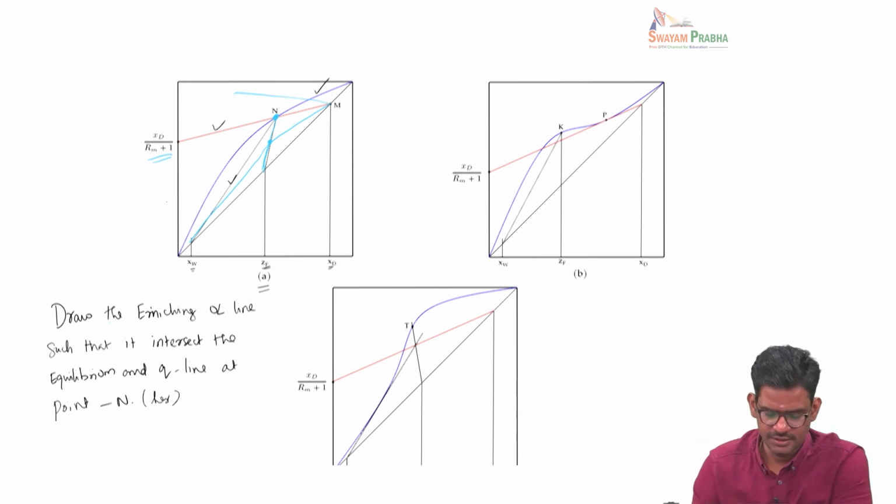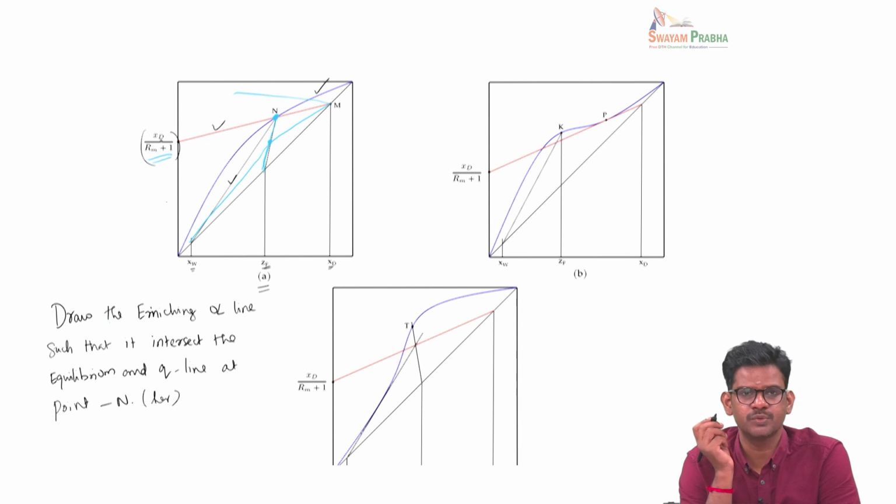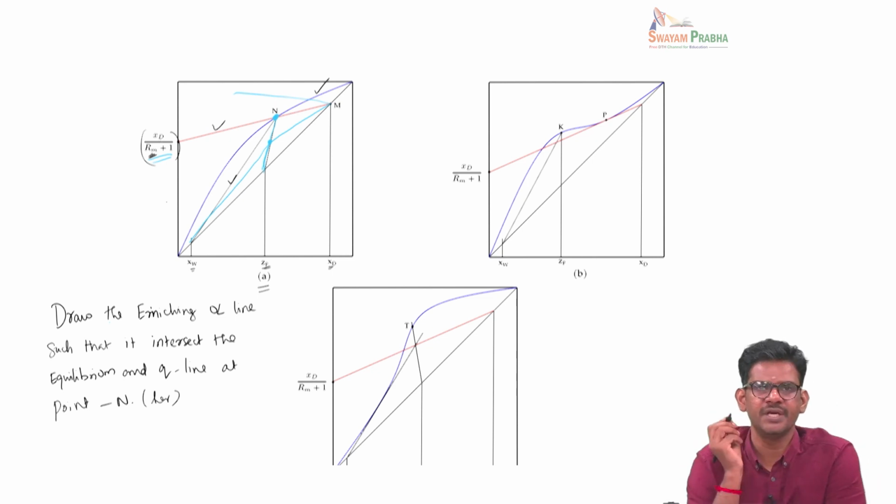And the intercept of this line would be xd by Rm plus 1, and from here you can find the minimum reflux ratio.